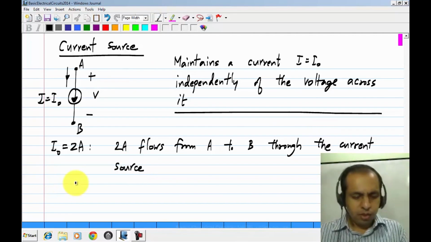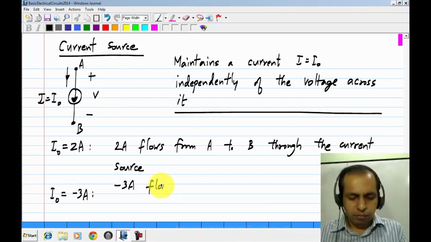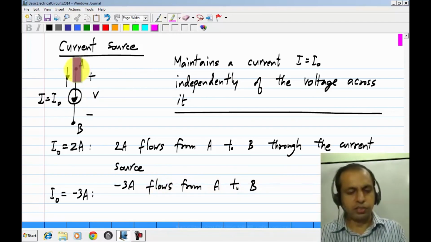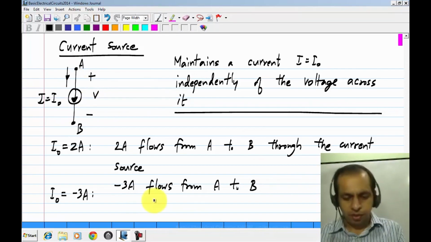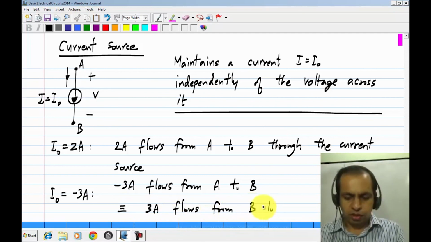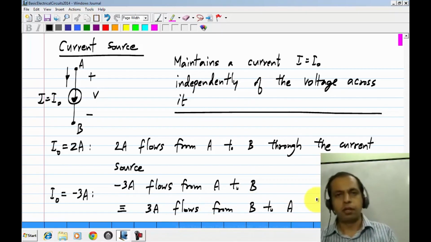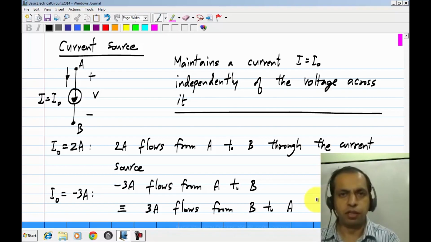And if I naught is minus 3 amperes, what it means is minus 3 amperes flows from A to B. It's A to B because the arrow inside is drawn from A to B in this case, which is the same as saying 3 amperes flows from B to A. So all that a current source does is to maintain a flow of current regardless of what voltage is across it.